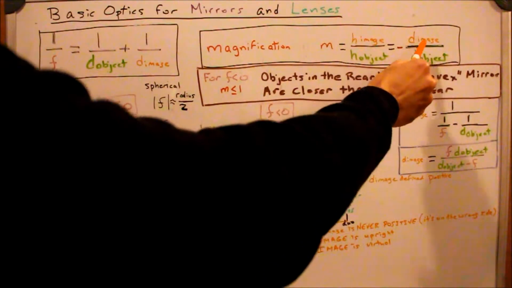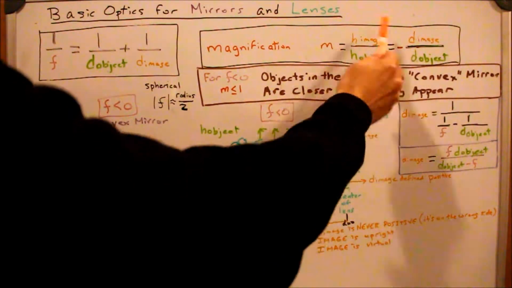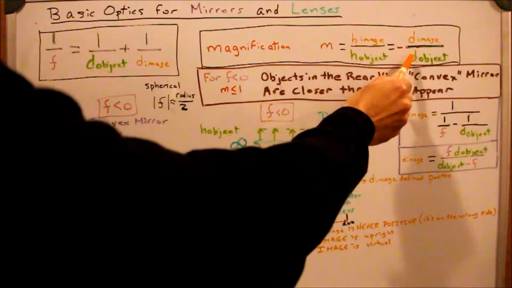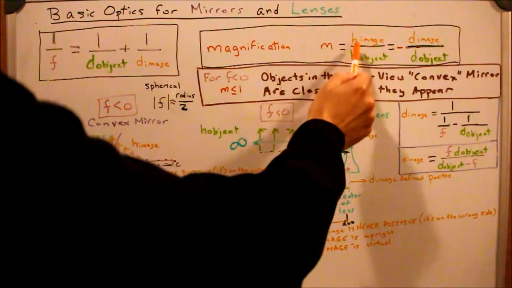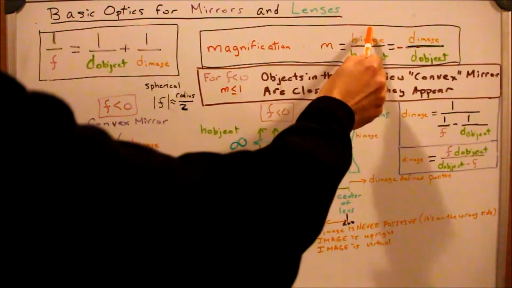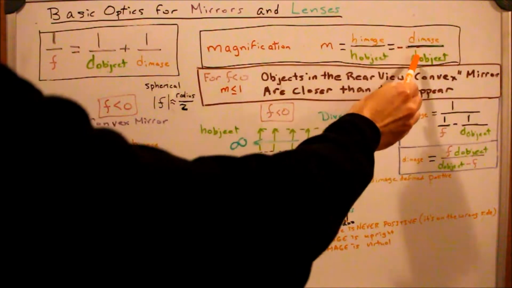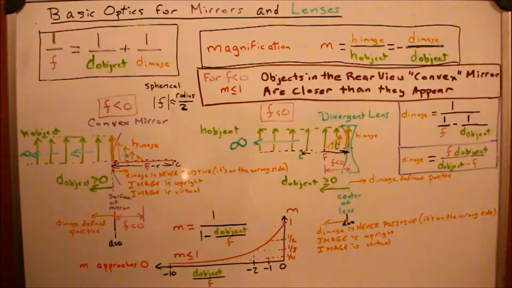And so the distance of the image is greater than the distance to the object. When we use distance in this relationship, we must remember there's a negative sign that goes along with it. So magnification is the height of the image over the height of the object, or minus the distance of the image over the distance to the object.